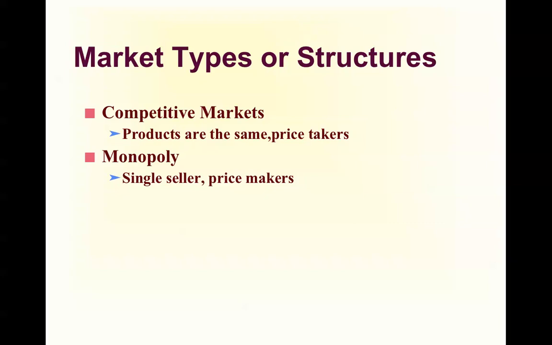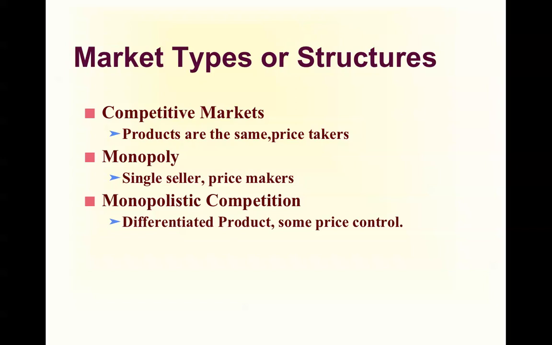Now, there are 2 market structures in between. Market structure number 3 is called monopolistic competition. Here you're selling a differentiated product, something that the individual can control its size or shape, and because it's a differentiated product, there is some degree of price control.